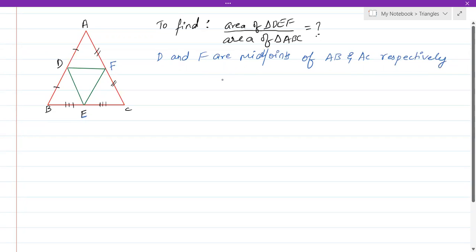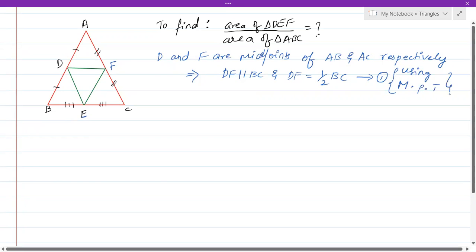So you must remember that if you join two midpoints, it will be parallel to the third side, and it is half of the third side, that is DF will be parallel to BC, and DF will be half of BC. Let's take this as equation 1. We got this equation 1 using the midpoint theorem. I'll write it as MPT, meaning midpoint theorem. We'll apply the same stuff.